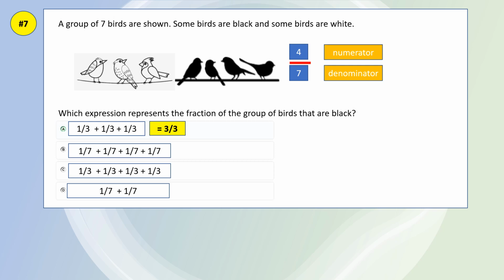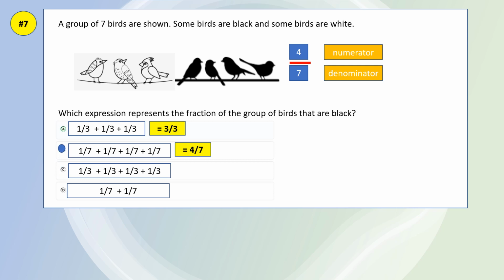Let's look at answer choice B. We have 1/7 plus 1/7 plus 1/7 plus 1/7. 1 plus 1 plus 1 plus 1. Well, that's 4. 4/7. Am I looking for 4/7? Yes, I am looking for 4/7. So that means that the answer to this question is B.